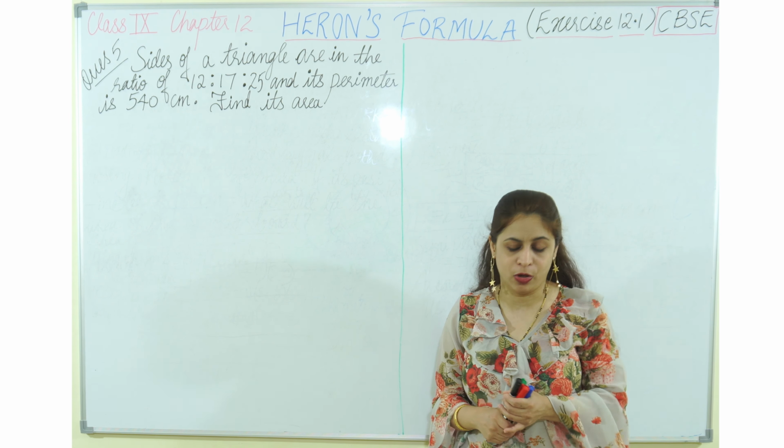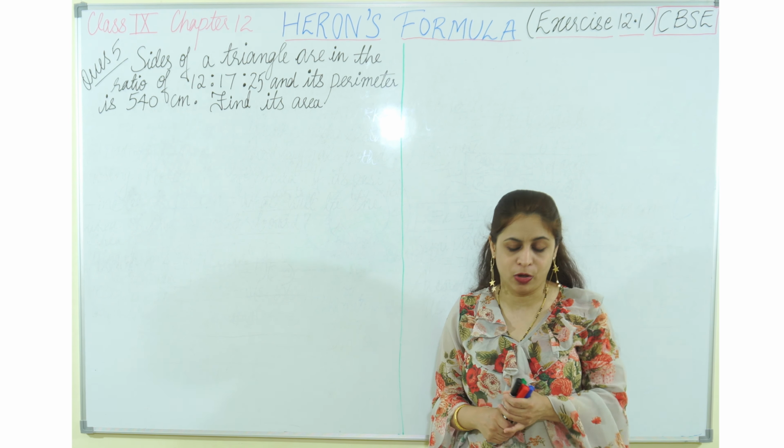Okay. So we can easily find the sides from here. Our first side, let us say A, is equal to 12x. Substituting the value of x, 12 into 10 will be equal to 120 centimeters.